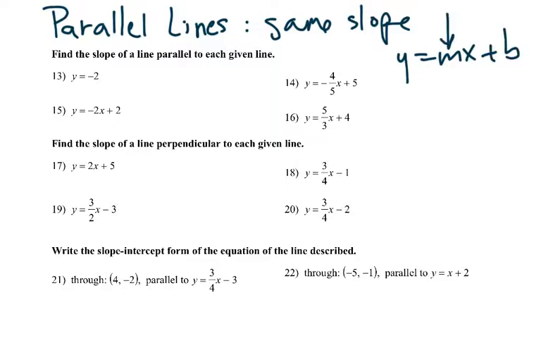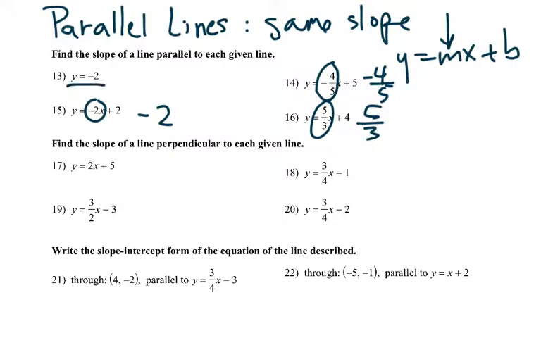If we look at 14, the slope of a line parallel to that is going to be negative 4/5. Same thing, because they're parallel. 16, they're parallel, so it's going to be 5/3. 15, negative 2, so it's going to be parallel to a slope of negative 2. Any line that's parallel has the slope of negative 2.